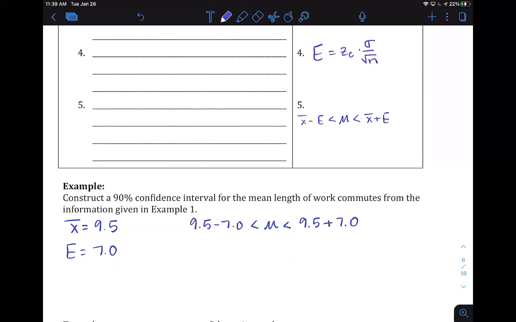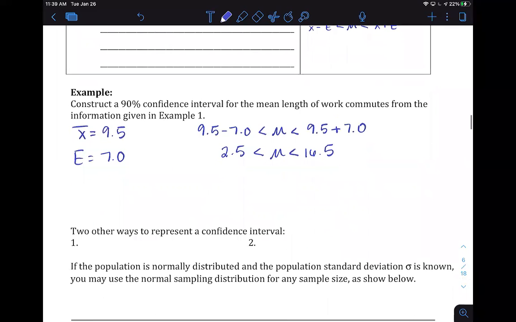Okay, what's 9.5 minus 7? 2.5 is less than mu, which is less than, add them, 16.5. Okay. So the other way you can write this is in parentheses, 2.5 comma 16.5.